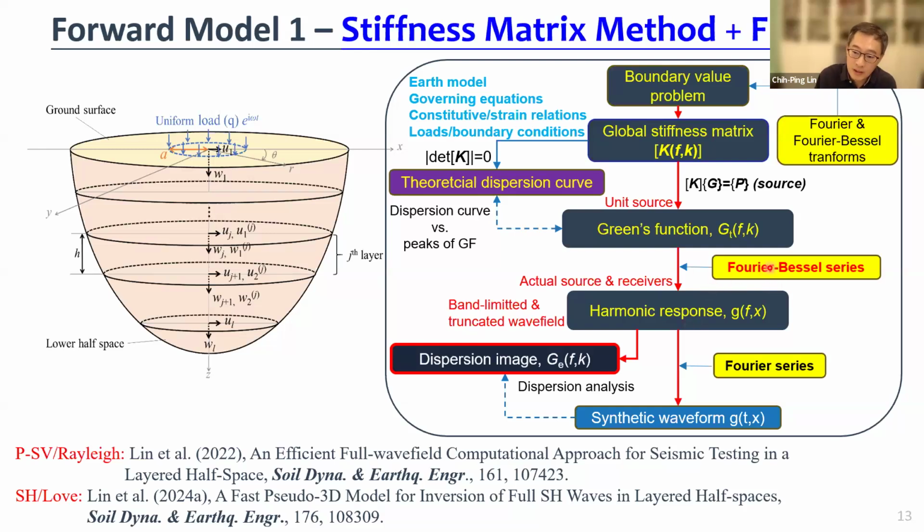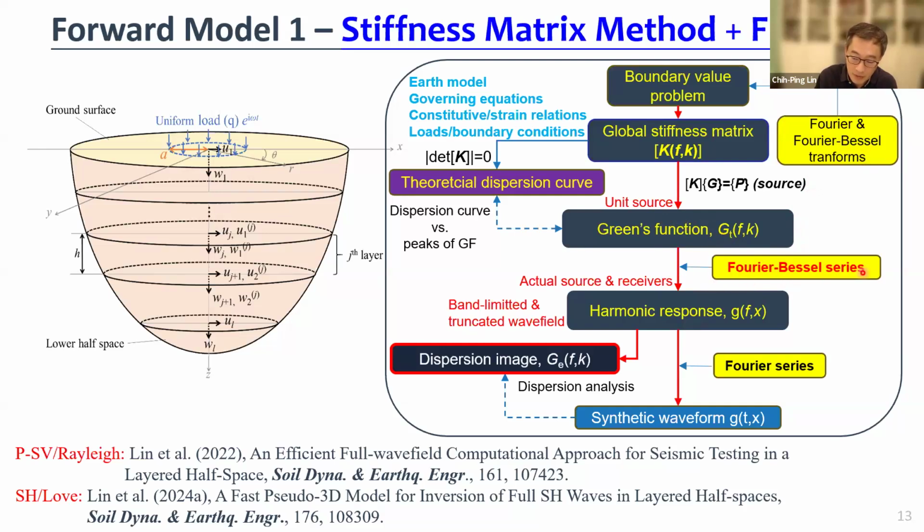So we propose the Fourier-Bessel series. This is similar to Fourier series versus Fourier transform, Fourier-Bessel series versus Fourier-Bessel transform.